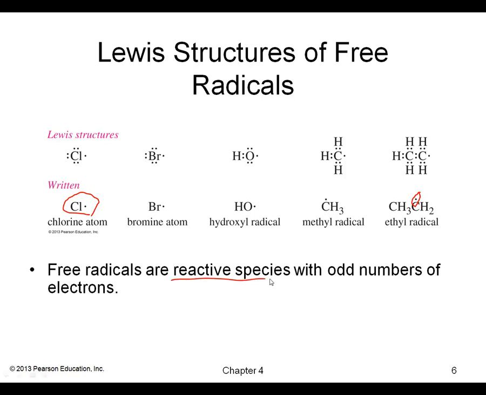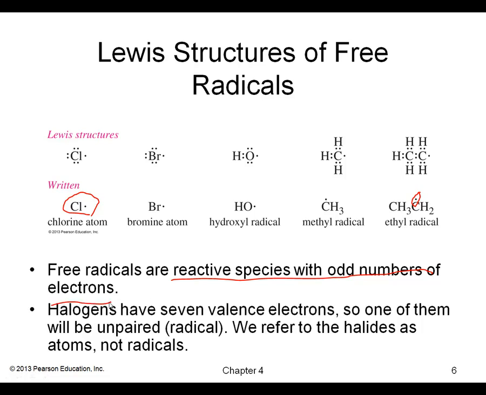Radicals are reactive because they have an odd number of electrons, which is one short of the octet rule. Okay, halogens have 7 valence electrons, so one of them will be unpaired, a radical. We refer to halides as atoms, not radicals. Okay, no big deal here.